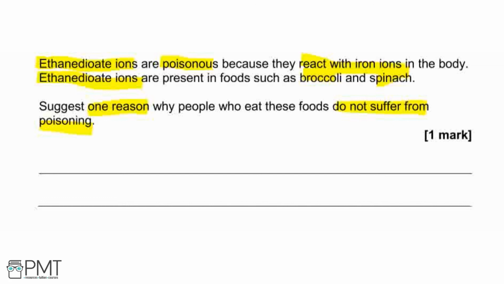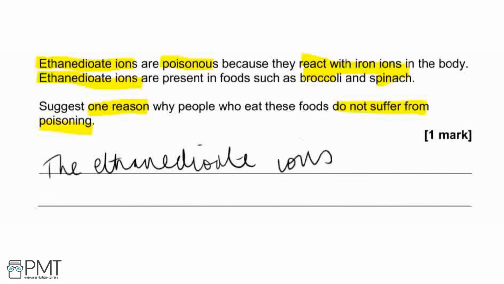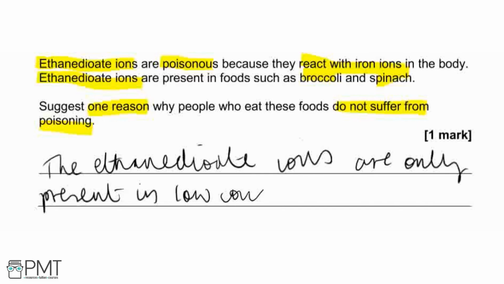So let's write that down as our answer. So the ethane dioate ions are only present in low concentrations or small quantities.